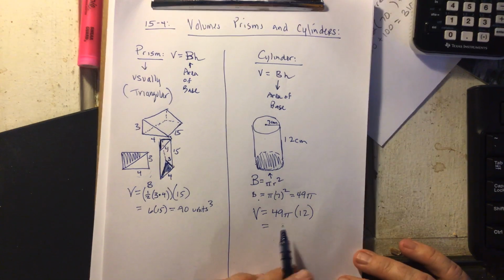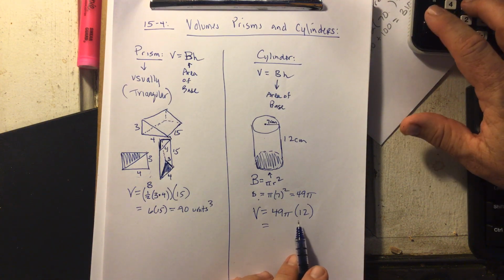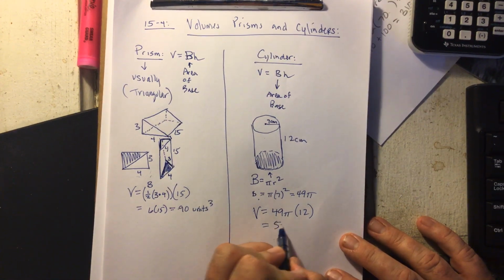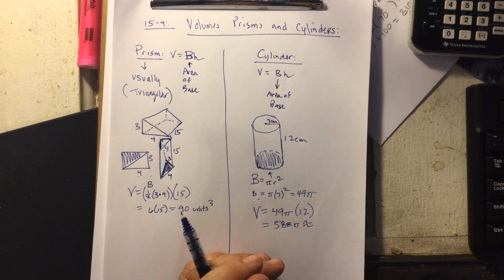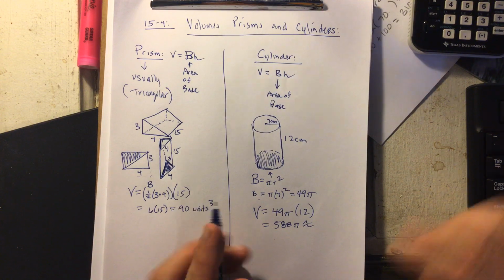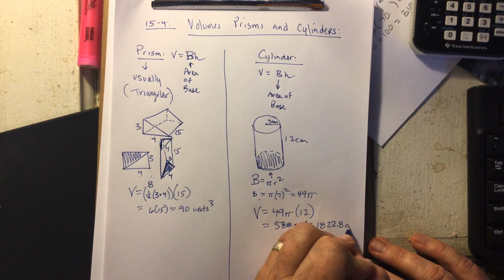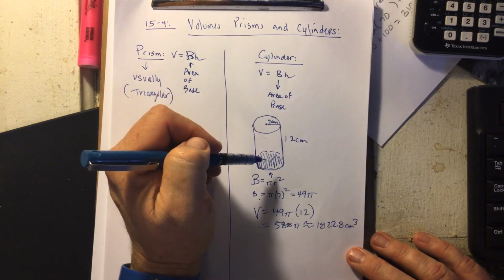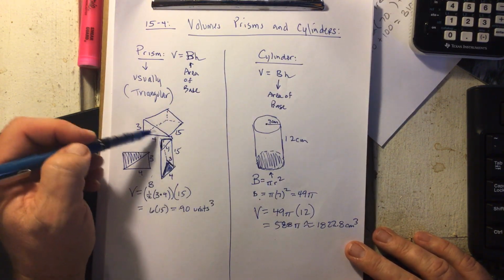Yes, 12 times 49 is 588 pi, or approximately, times 3.14, 1,822.8 cubic centimeters.